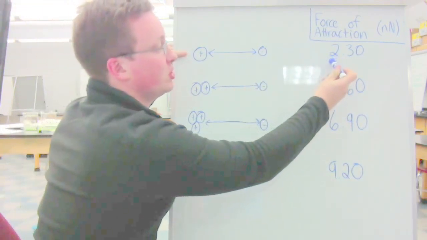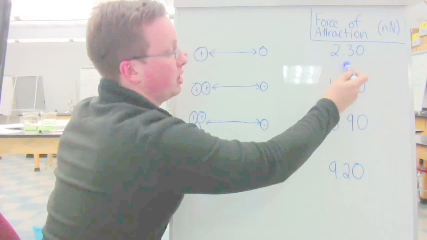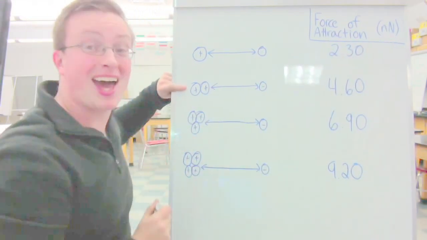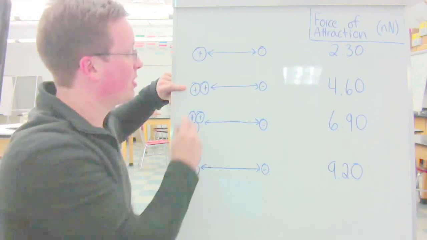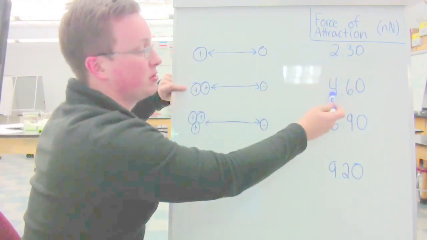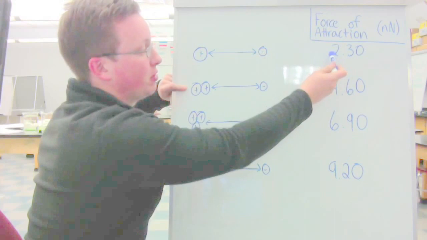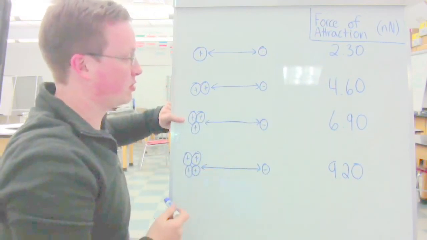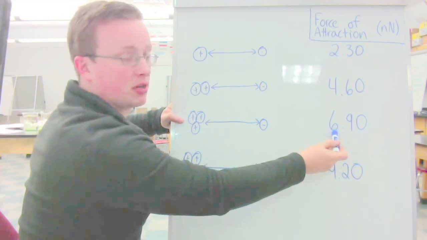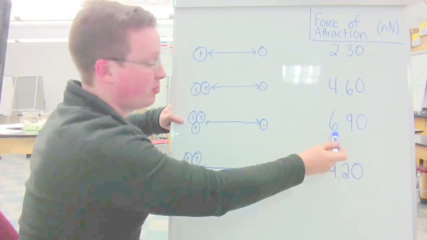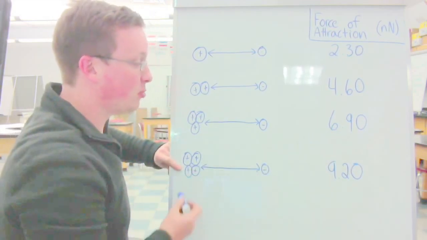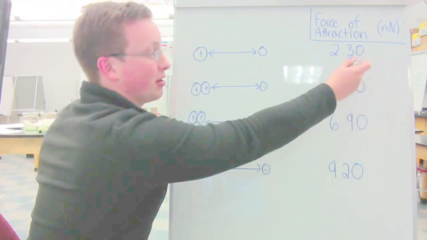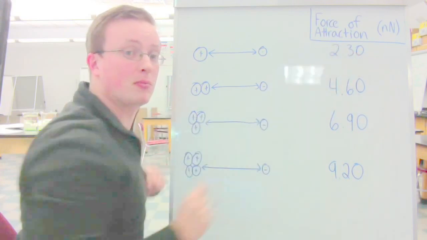Notice that the force of attraction is 2.3 nanonewtons. When I add another proton, the force of attraction doubles from 2.3 to 4.6. If I add another proton, the force increases even more. And if I have 4 protons, you'll see that the force is 4 times bigger than where it started.